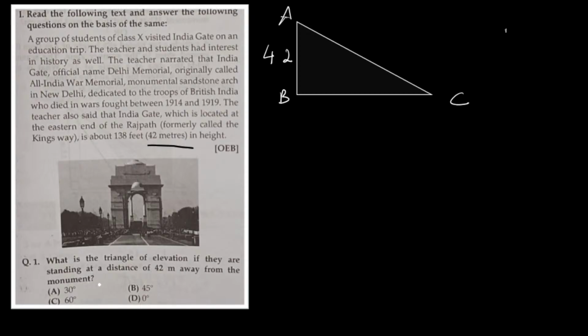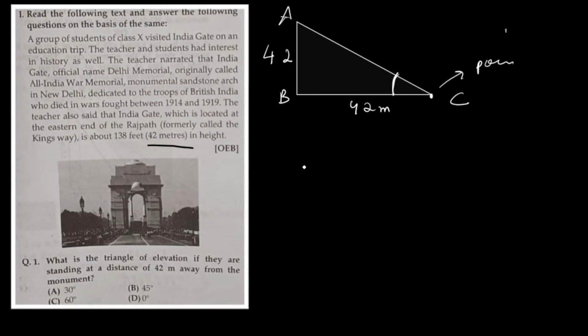Let's see the first question. What is the angle of elevation if they are standing at a distance of 42 meters away from the monument? If the students are standing at point C, and that point C is 42 meters away from the monument, then what will be the angle?